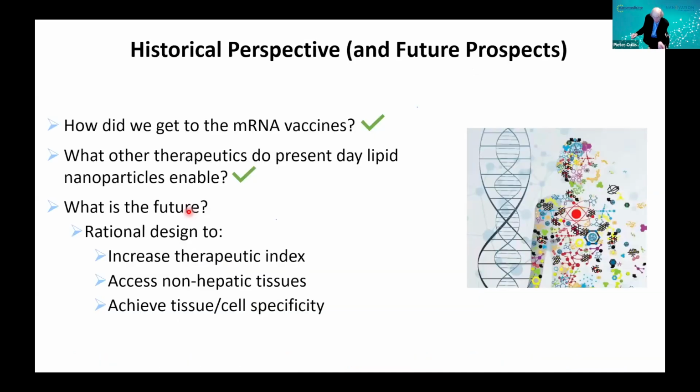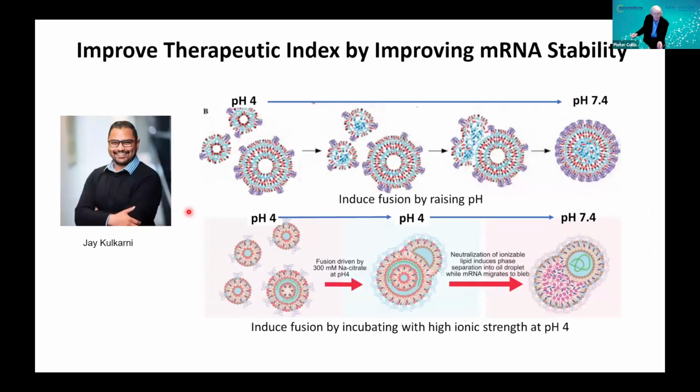Now, just a couple of words about the future. This is where in innovation we really do use a rational design approach as opposed to a high throughput approach to increase therapeutic index, access non-hepatic tissues, and although I won't talk about that too much, achieve tissue and cell specificity.